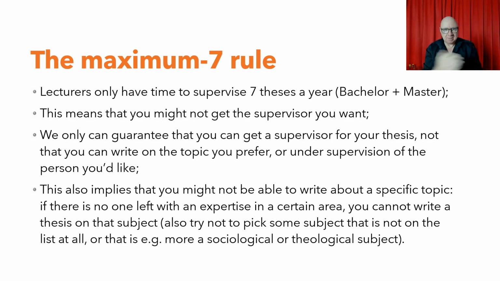So you can at least write about something you are interested in. We can only guarantee you that you can get a supervisor for your thesis, not that you can write on the topic you prefer or under the supervision of the person you'd like. That's just because we only have limited amounts of time.